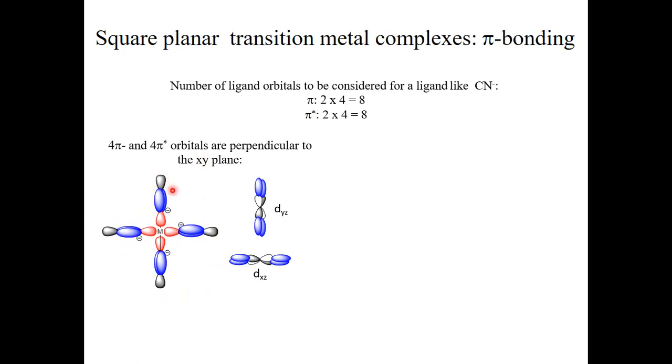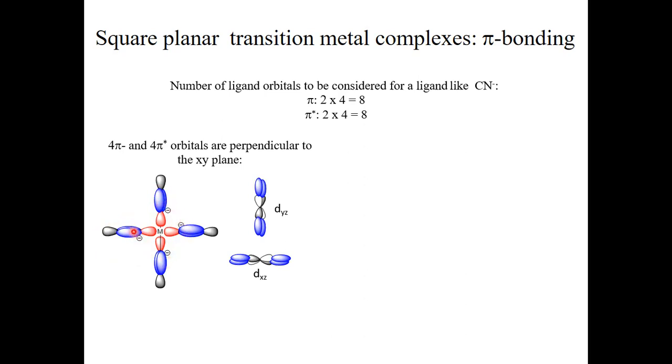You see the 1, 2, 3, 4 ligands here, and in blue, you see the pi orbitals. And you see that for each ligand, 1 lobe lies above the plane and 1 lobe lies below the xy plane. And that's true for all the 4 ligands.